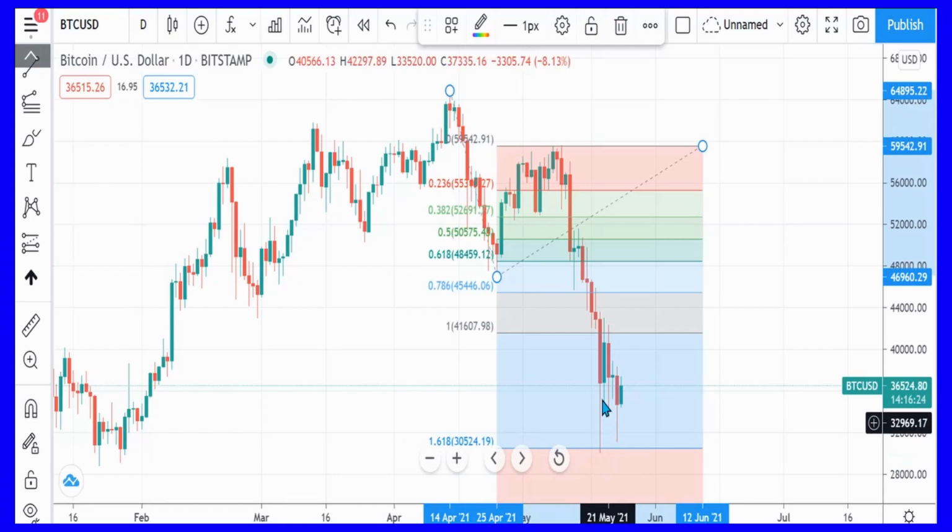But if the buyer was stronger compared to the seller, which is not the case in this chart, meaning they took fewer days to pull the price up while the sellers took longer to pull it down, then we will settle at 0.618.